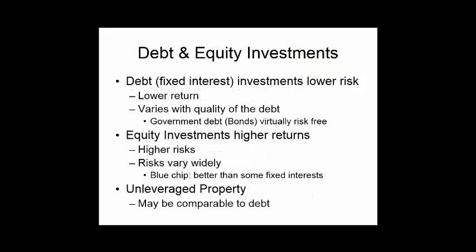While the foregoing is a fairly strong argument in favour of borrowing rather than lending, we find that not all debt is the same, and likewise equity investments vary quite markedly as well. While generally debt investments have lower risk and also a lower return, the actual levels of risk and return do vary with the quality of the debt.